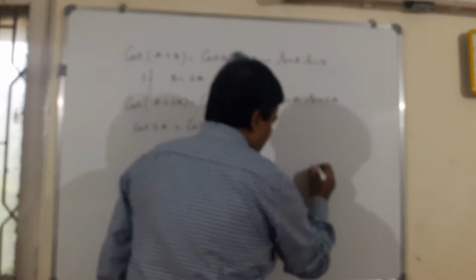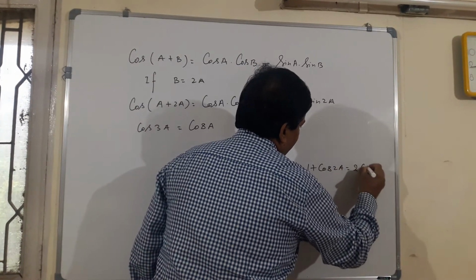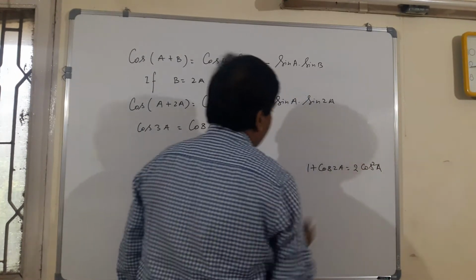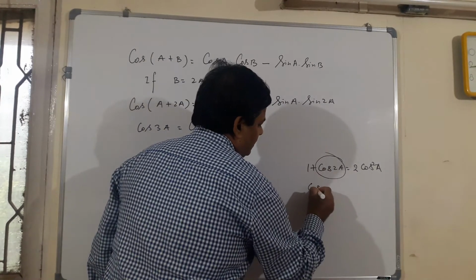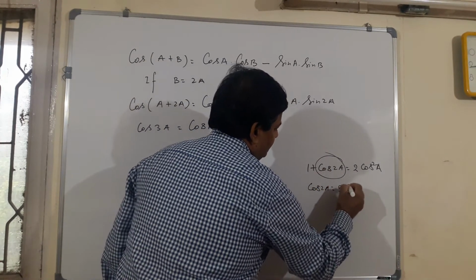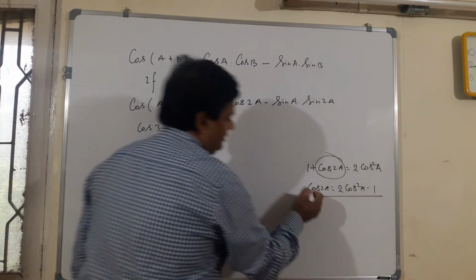So see here, 1 plus cos 2a is equal to 2 cos square a, so cos 2a is equal to 2 cos square a minus 1. We can write it like this.